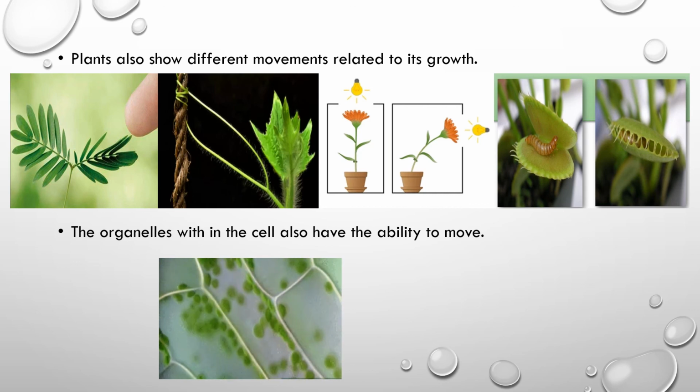In this diagram you can see that the chlorophylls are moving. When light falls on the leaves, the chlorophylls of these plants move towards the light. This can be observed in the school laboratory also using a hydrilla plant. We will observe it when the school gets started.